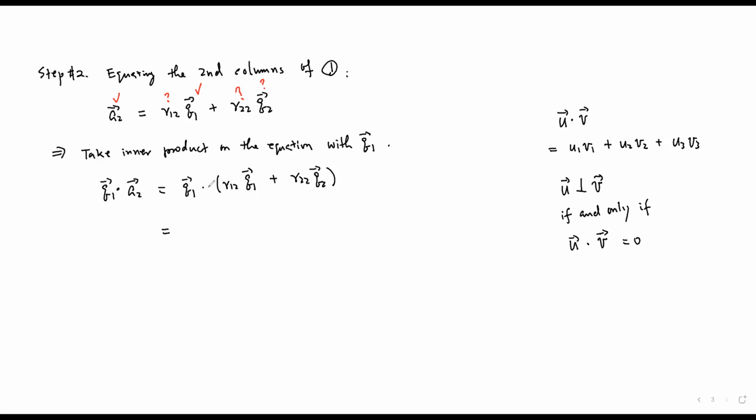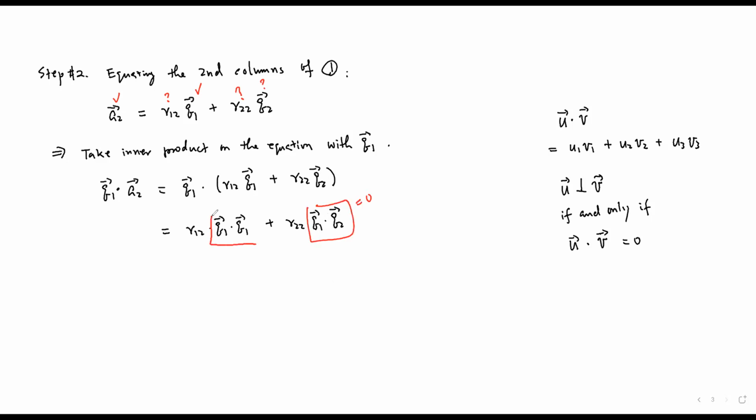By distribution, R12 times Q1 dot Q1 plus R22 times Q1 dot Q2. Because the columns of matrix Q are orthogonal to each other, this inner product is 0.